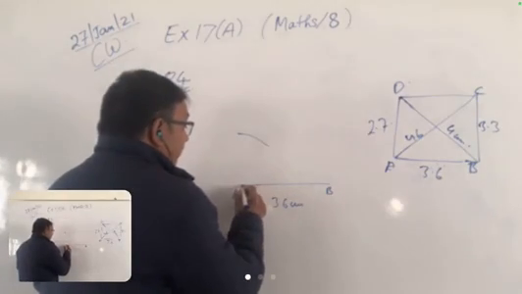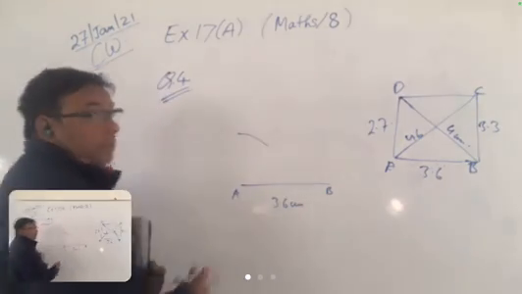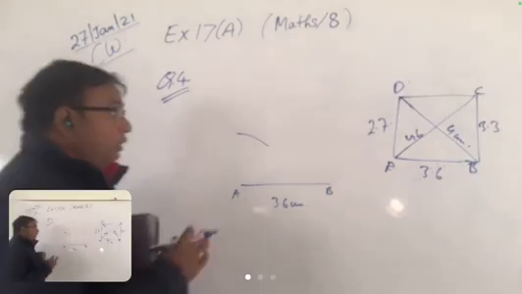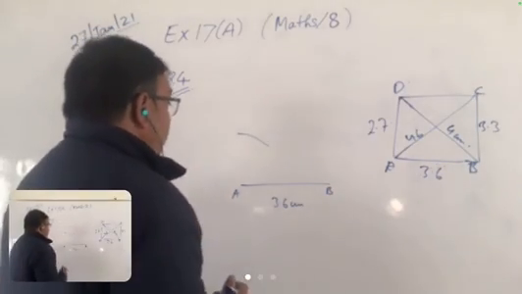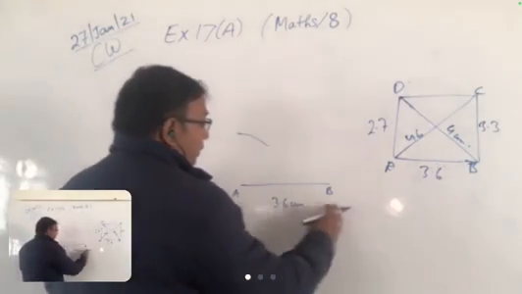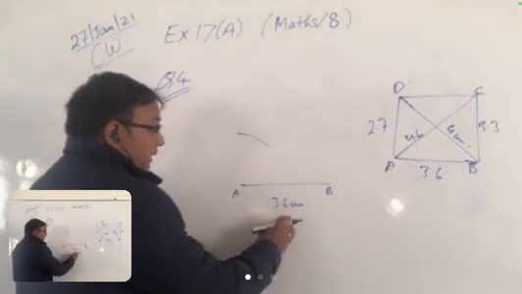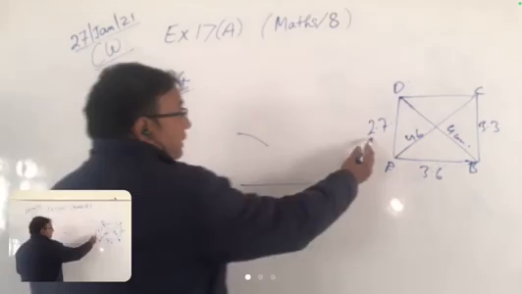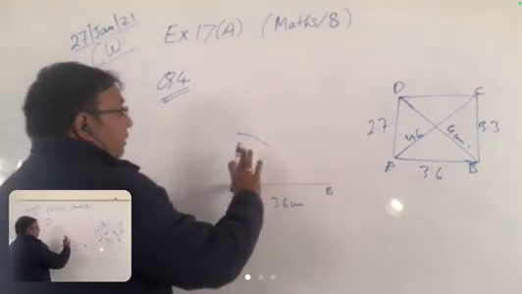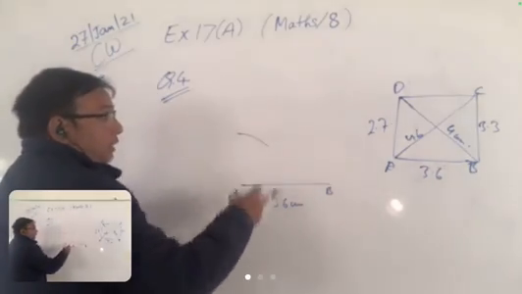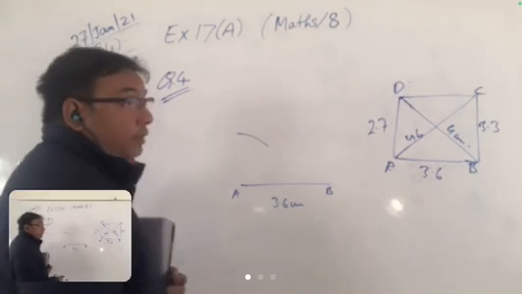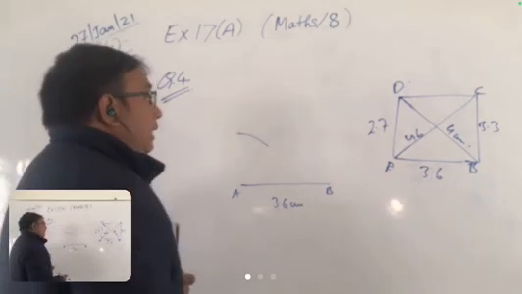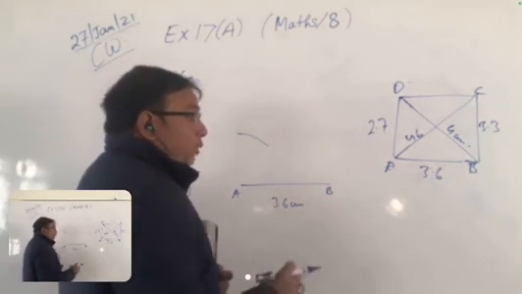Clear? किसी को कोई doubt होगा तो please पूछ लेना मेरे से. Now first you have to construct AB, that is equal to 3.6. Then take a radius of 2.7, and from center A draw the arc that is equal to 2.7 centimeter.